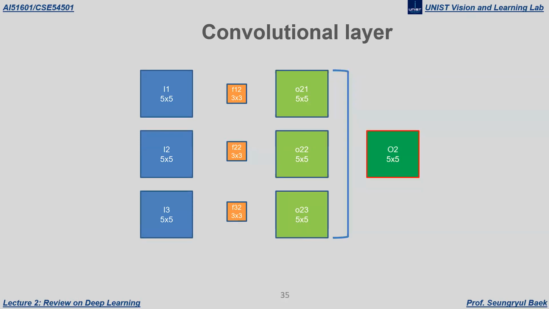And anyway, for the first output, you will generate intermediate outputs from 3 channeled inputs using 3 distinct filter kernels, right? And then you will use another distinct 3 filter kernels and make 3 intermediate outputs, and then we add them to output the second output.